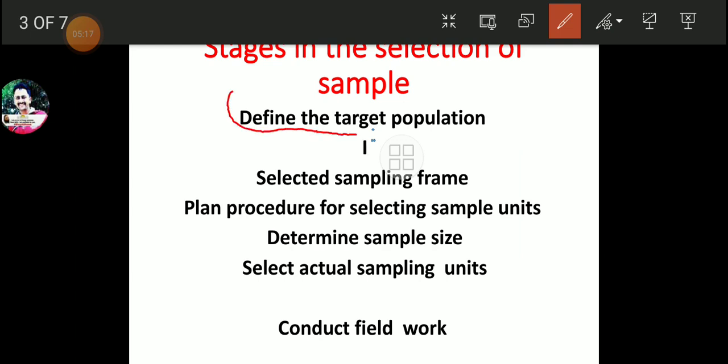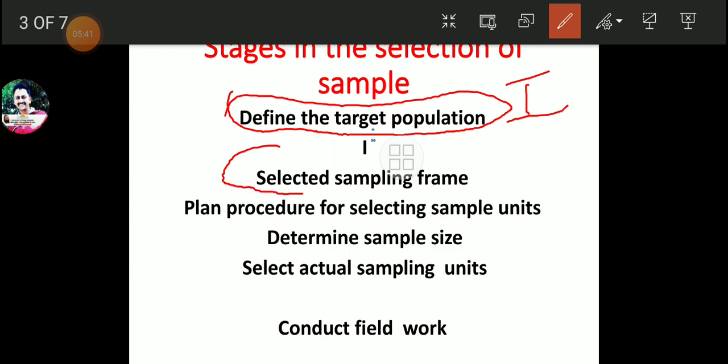First of all, you will have to define the exact target population. You will have to decide from which you are going to select the sample. This is the first most important stage in the selection of a sample.